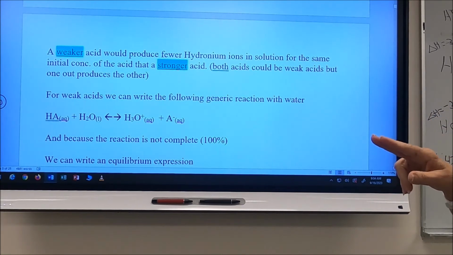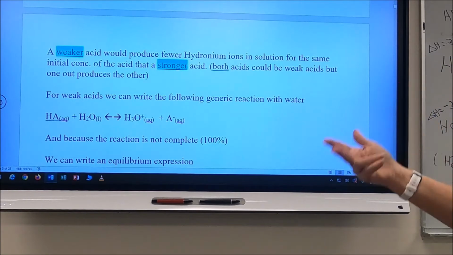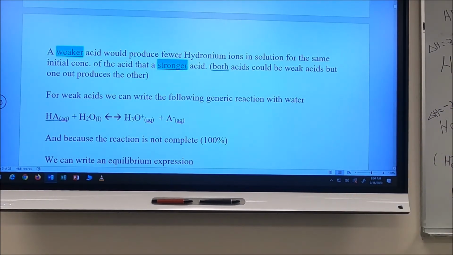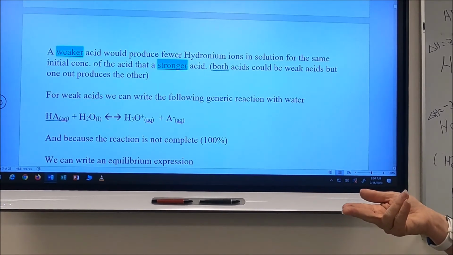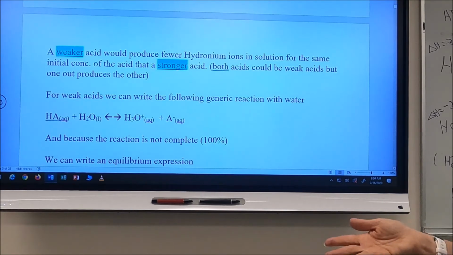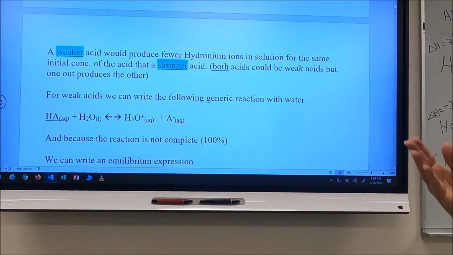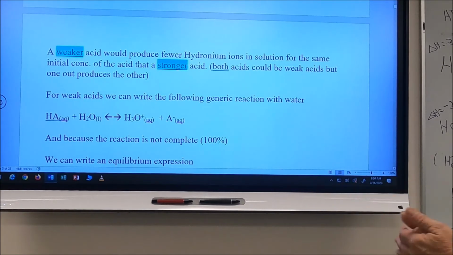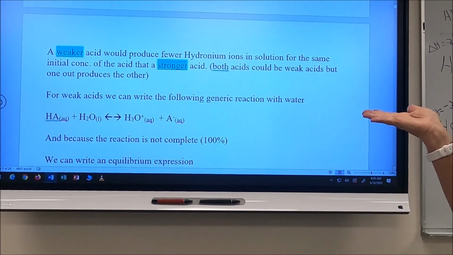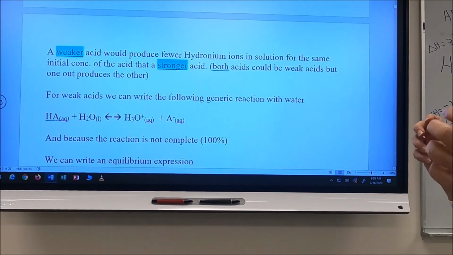Both acids could be weak acids, but we're just doing a head-to-head comparison. Okay? So if I were to compare hypochlorous acid versus nitrous acid, and I had the same concentration of acid initially in solution, and I looked at their concentration of hydronium ions after the system has come to equilibrium, the one that had the higher hydronium ion concentration would be the stronger acid out of the group.